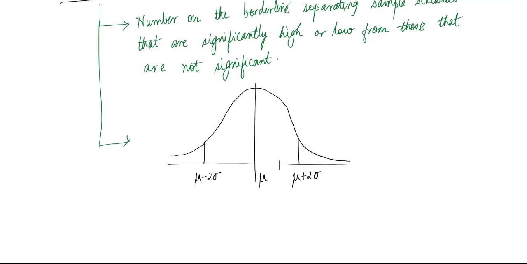This is 1 standard deviation, and this is 3 standard deviations. Anything beyond here and beyond here means something is unusual. We went over this early in the course. If anything is unusual, it means it's significant.